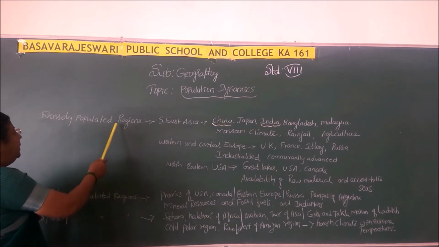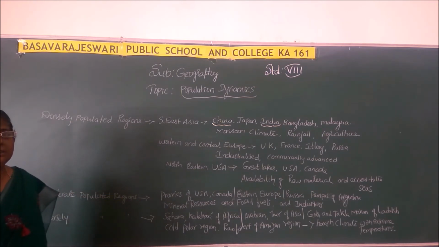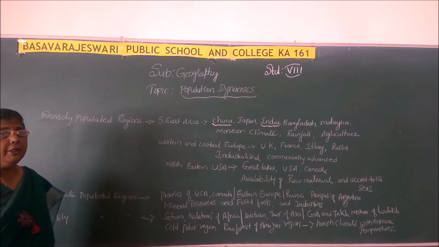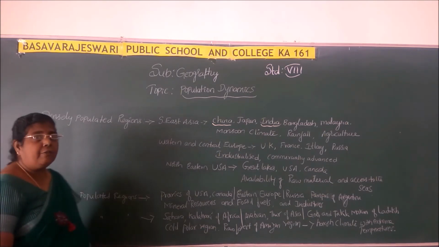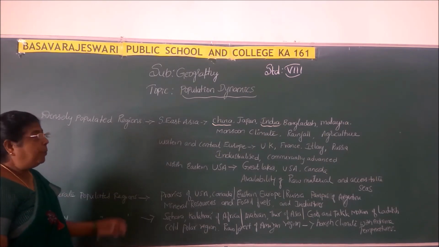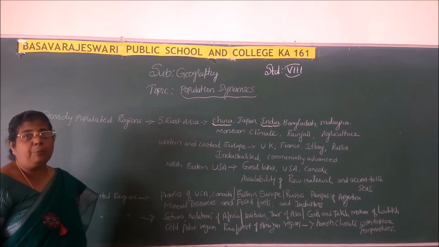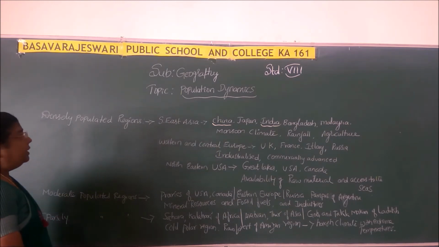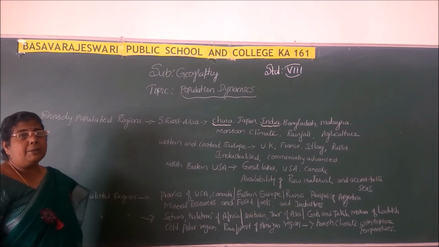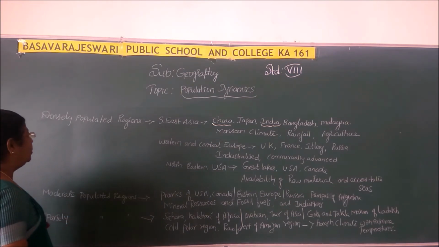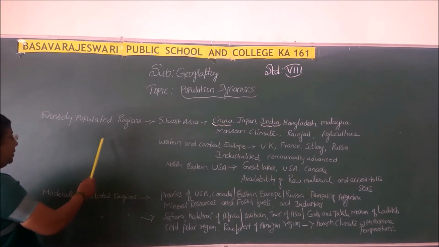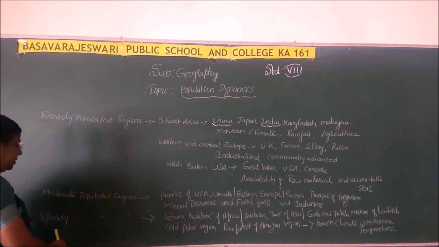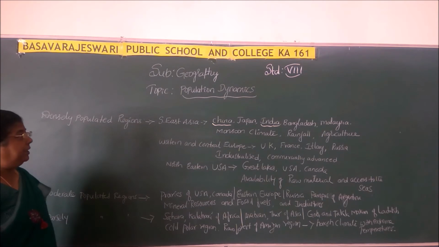Based on the climatic conditions or favorable conditions like rainfall, agricultural soil and the raw materials required for the industries, the distribution of the population varies. On that basis, throughout the world, three important zones have been identified.